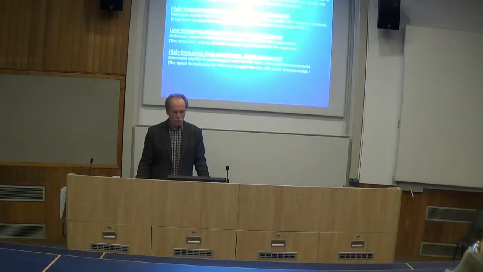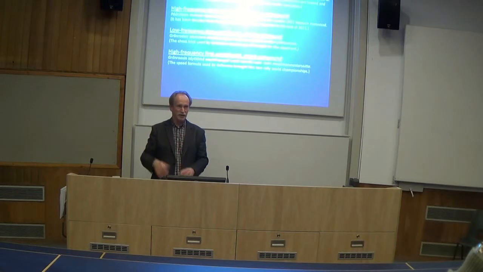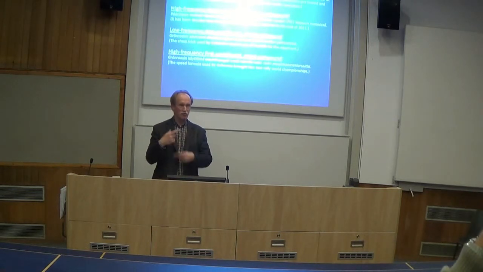So we paired a low frequency first constituent compound with a high frequency first constituent, separately for the existing ones and for the novel ones. You can do it the other way around. Actually, in the follow-up experiment, we did it the other way around. But you have to make a choice.